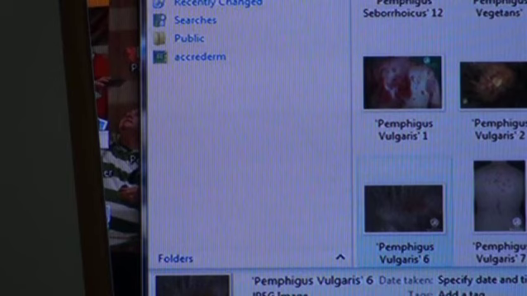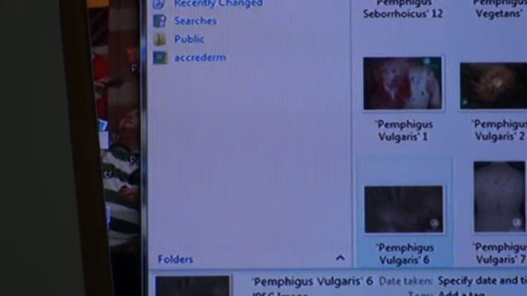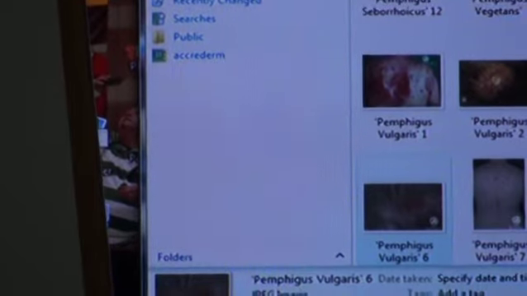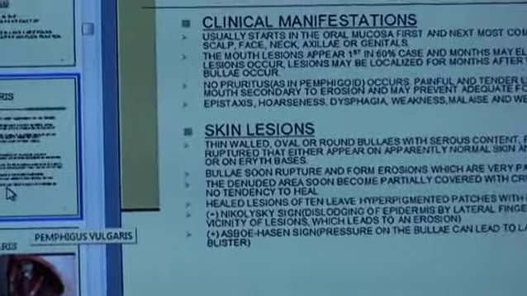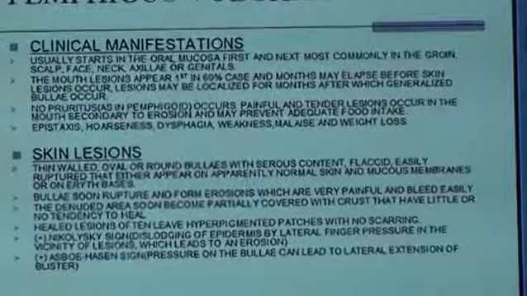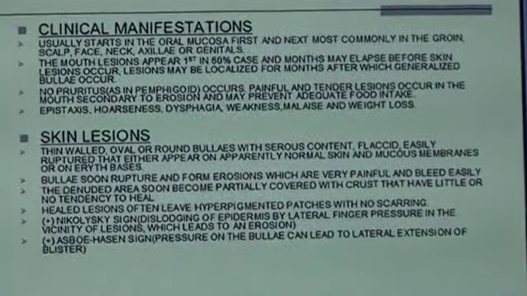The skin lesions do start as bullae with serous content. They're very flaccid. This is another differentiation between pemphigus vulgaris and bullous pemphigoid. The bullous pemphigoid had very tense bullae. These are more flaccid. They easily rupture, and appear either on apparently normal skin and mucous membranes or on an erythematous base.